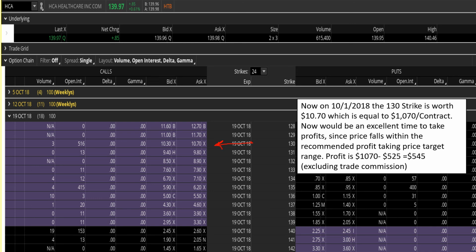So the 130 strike price is now worth 1070, which is equal to $1,070 per contract, and we were able to take profits there, which gave us a profit of $545, excluding trade commissions. Profit is 1070 minus 525, which is the original premium we paid.